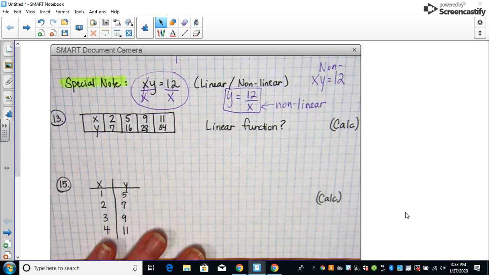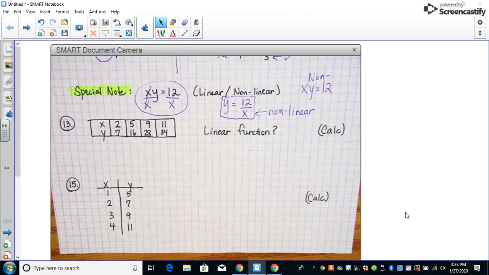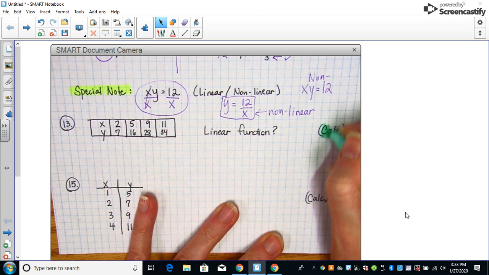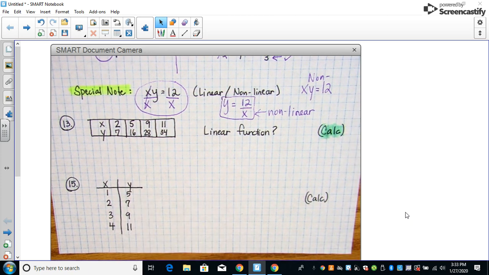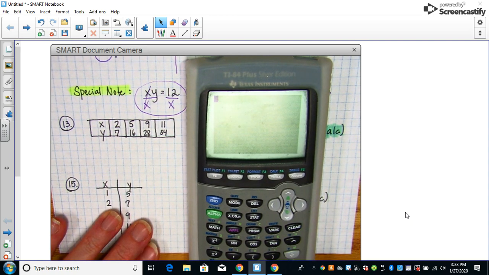Then we're getting into a table of values. Notice this is calculator active. Let's take advantage of it being calculator active, and we're going to plug this into our calculator and see what it looks like. If I go and turn my calculator on, I'm going to clear my memory.